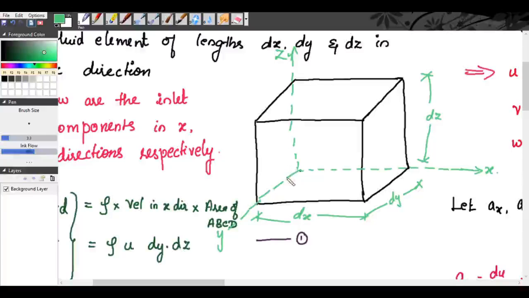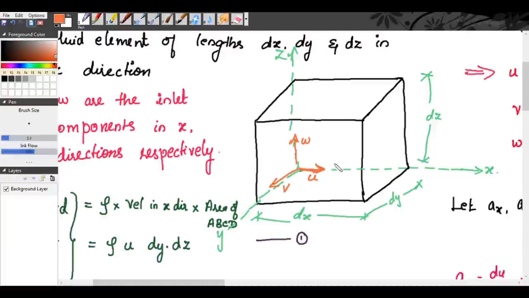The velocity component in x direction is assumed as u, the velocity in y direction is assumed as v, and the velocity in z direction is assumed as w.